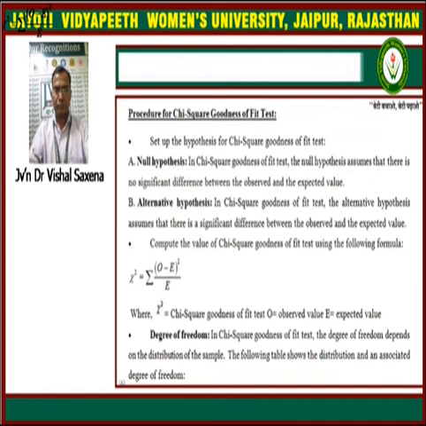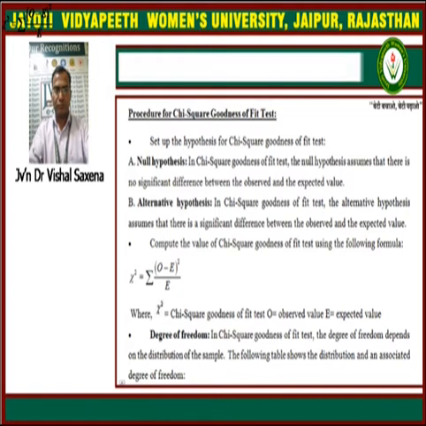Now we take the procedure for the chi-square goodness of fit test. We have to assume two hypotheses initially, the null hypothesis and the alternative hypothesis. In the null hypothesis, we assume that there is no significant difference between the observed and the expected value. In the alternative hypothesis, we assume that there is a significant difference between the observed and the expected value.